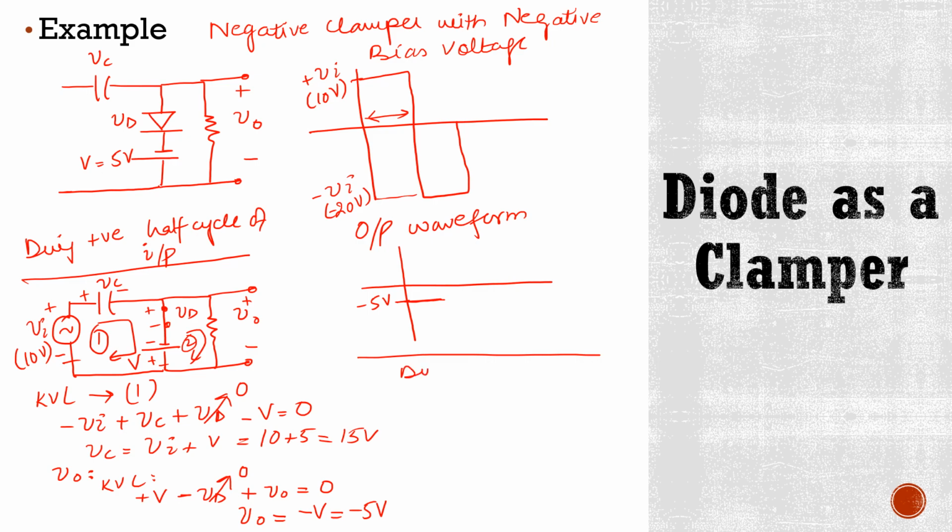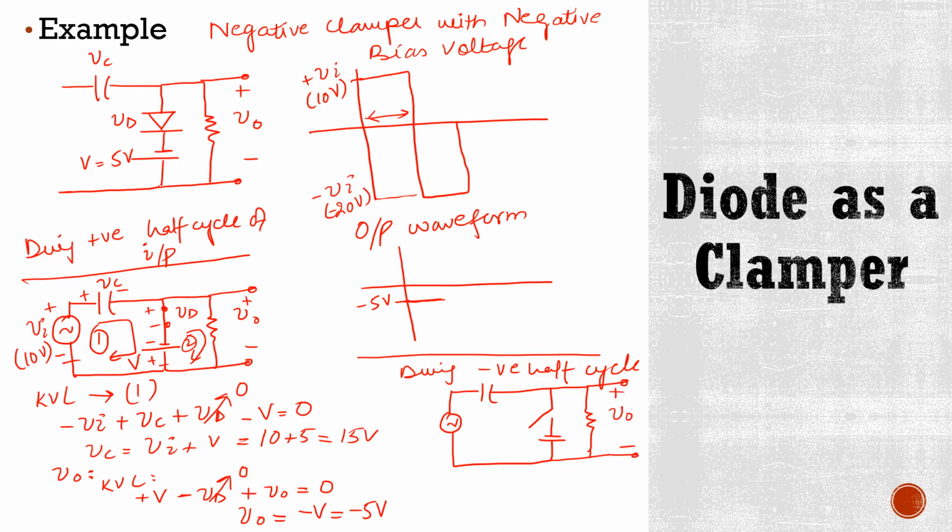Okay. Now what about negative half cycle of input? So during negative half cycle, this diode is off. So now your circuit will look like this. Here you have output voltage. This is positive, negative.